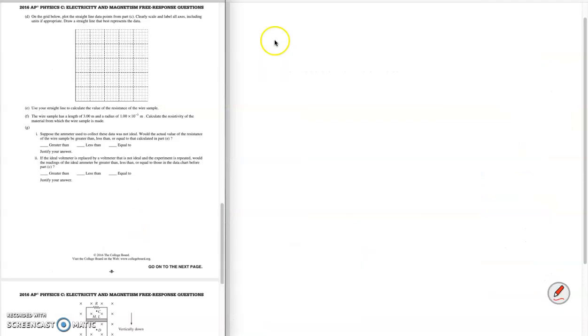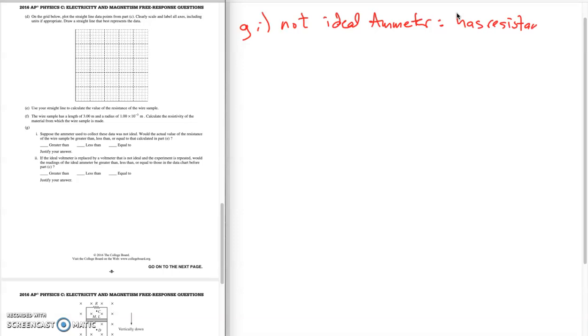All right, G part 1. Suppose the ammeter is not ideal. If the ammeter is not ideal, then that means that it has some resistance. Not ideal ammeter. That means it now has resistance. If it has resistance, then we have increased the overall resistance of the system.